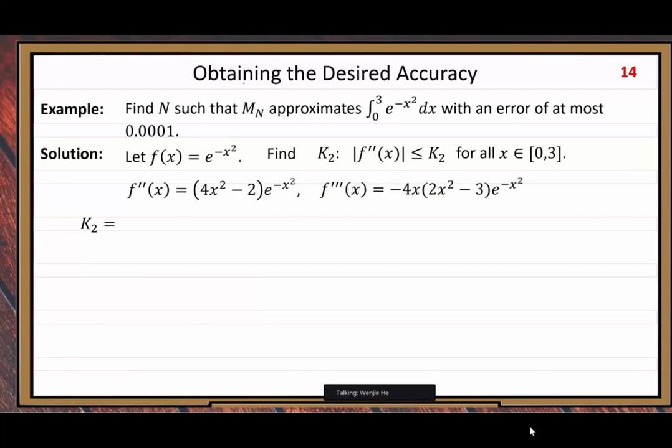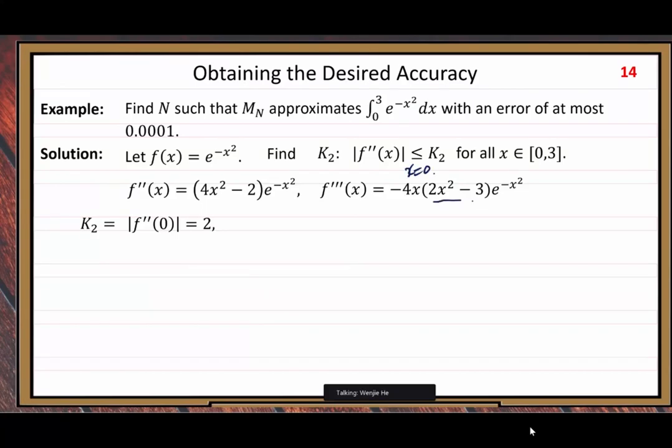The typical method is to find the critical points of the second derivative, so we look at the third derivative and the x values that make it 0. One critical point is x equals 0.